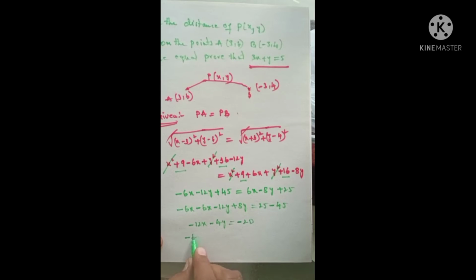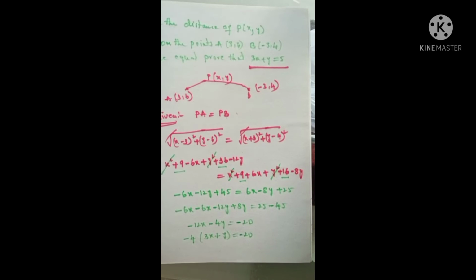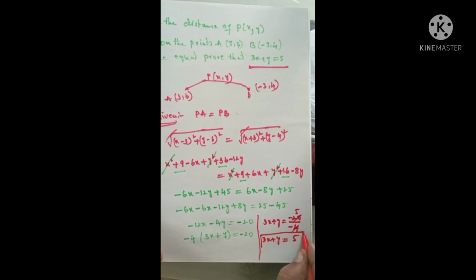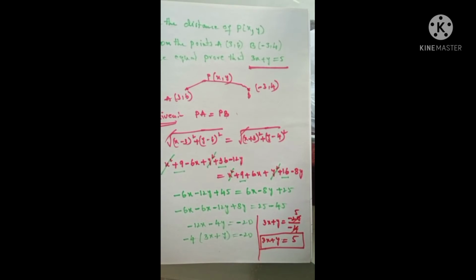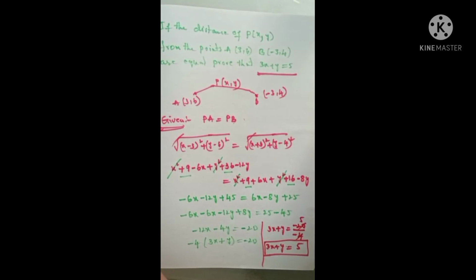Now if I take minus 4 as common, you will get 3x plus y is equal to minus 20 by minus 4. So 3x plus y is equal to 5. So I got the same relation between x and y, that is 3x plus y is equal to 5.